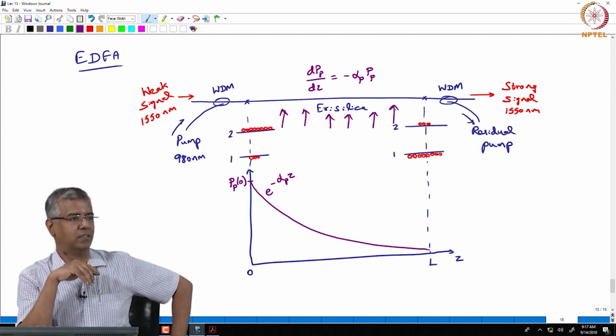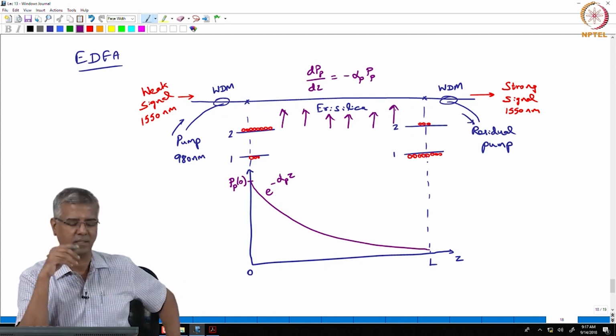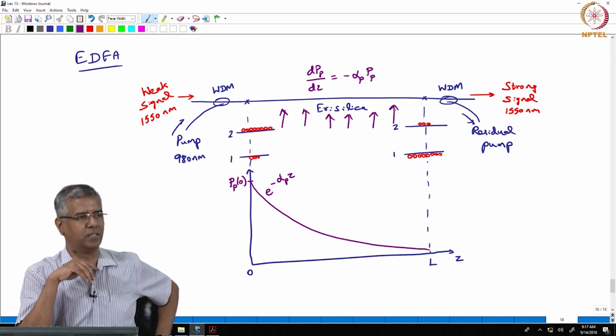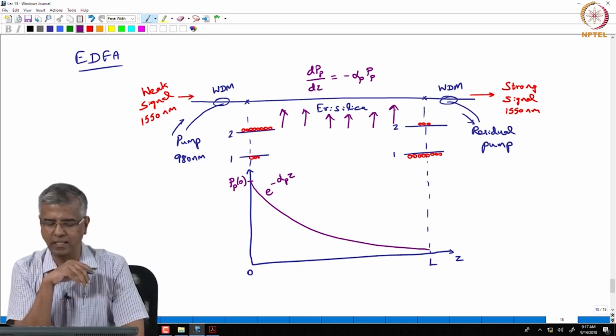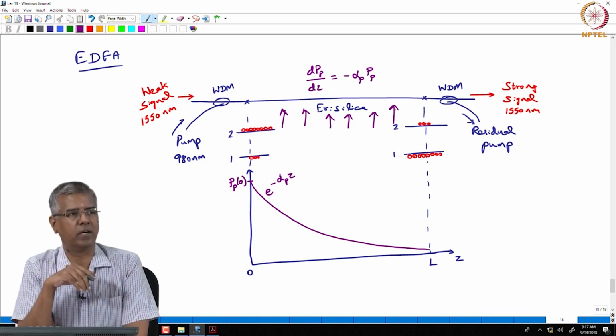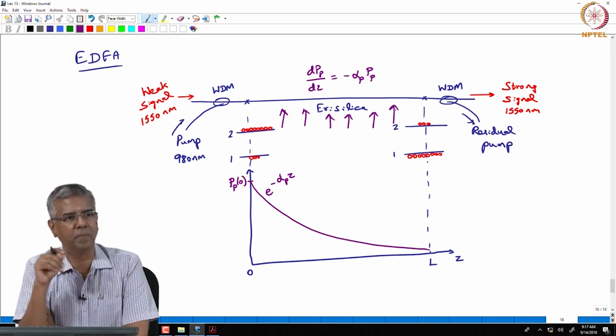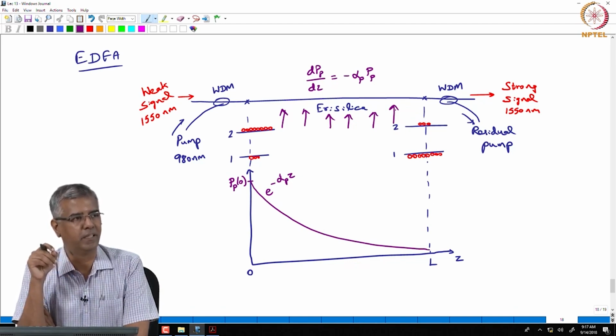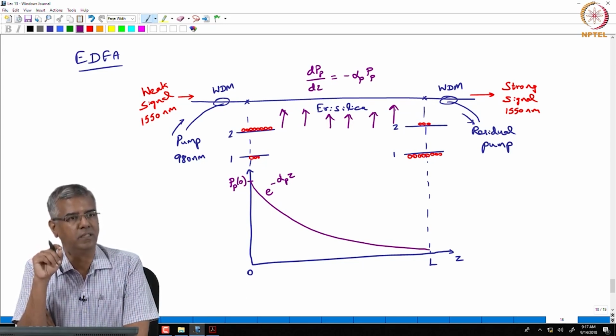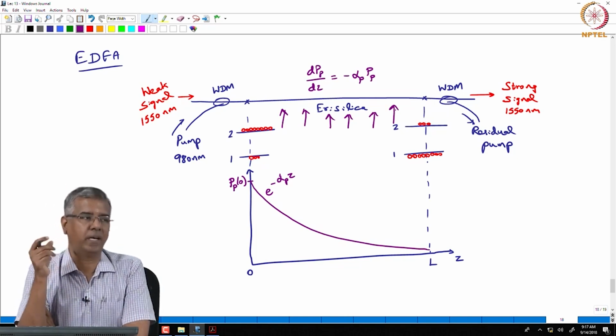That is not possible, or I should say it is highly challenging to implement for an optical fiber, because the telecommunication fiber that we use is 125 microns in diameter, out of which the core region in which the erbium is doped corresponds to only a few microns.